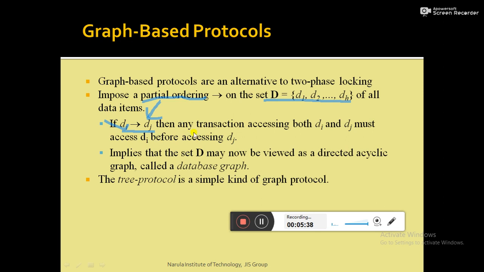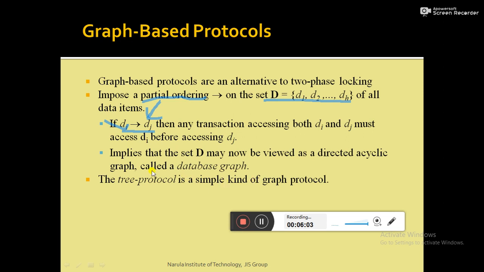Now how do we represent that kind of ordering? That ordering is represented with the help of a database graph. So in the graph based protocol we need a graph which is known as the database graph, which is a directed acyclic graph. And what is the purpose of that database graph?